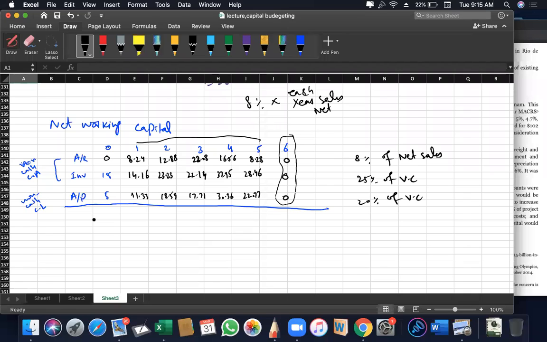Now what do we have to do after finding the values? We just have to subtract them. The formula is non-cash current asset minus non-cash current liability.